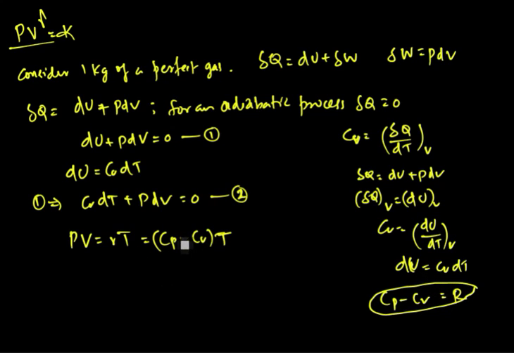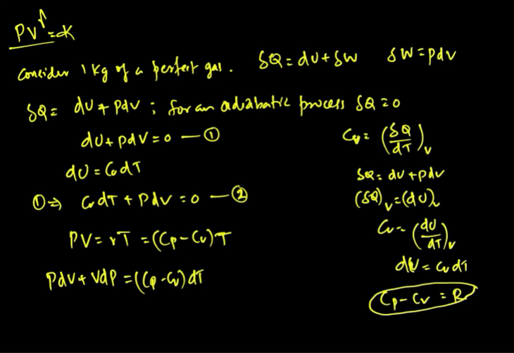So now differentiate this equation, then it will be P dV plus V dP is equal to Cp minus Cv, which is a constant, into dT.